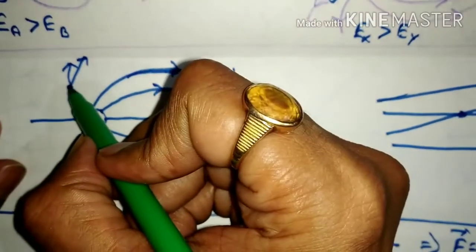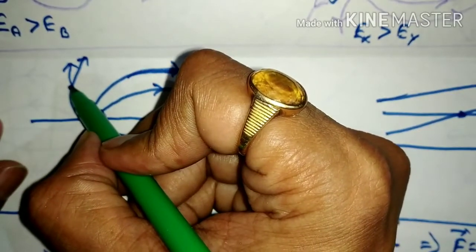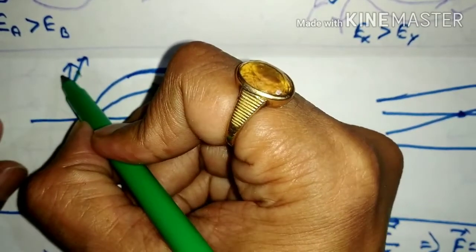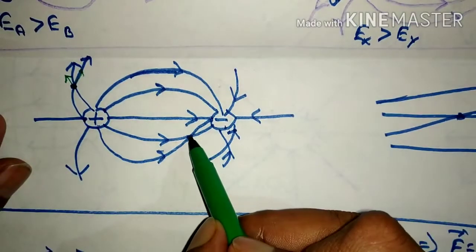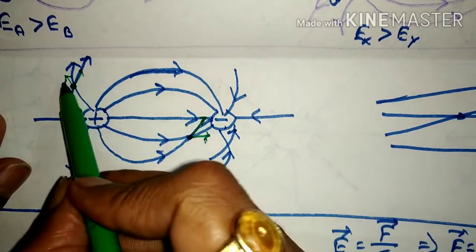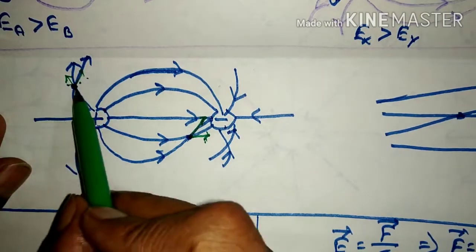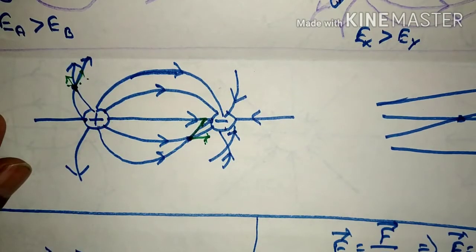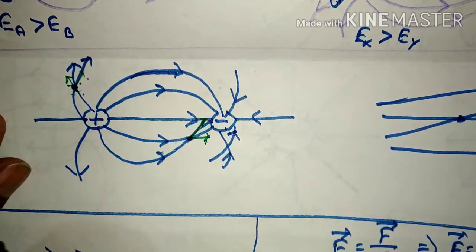At the same point, it shows that you can draw the 2 tangents at a place. It will show you the 2 different directions at the same point, which is not possible. Therefore the 2 electric field lines can never intersect each other.